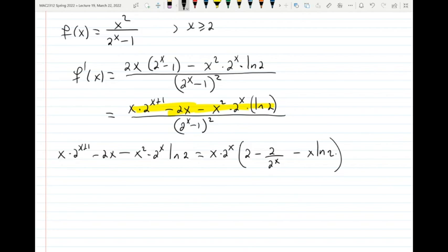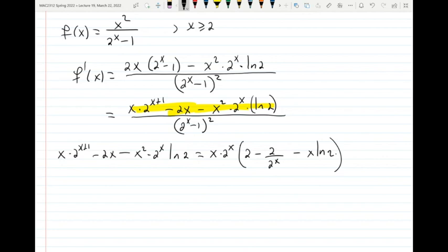Let's review this again. If I distribute, I get x times 2 to the x plus 1 minus 2x, and then minus x squared times 2 to the x ln of 2. This is exactly what we have.